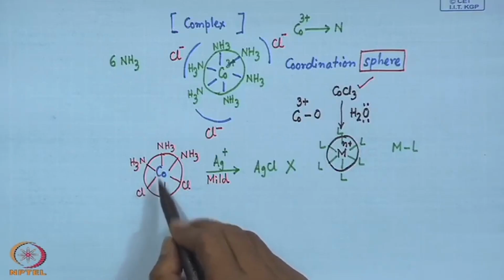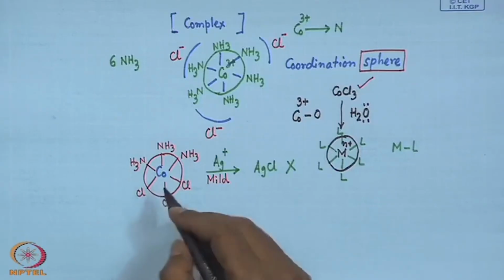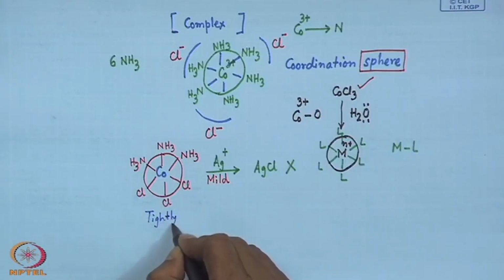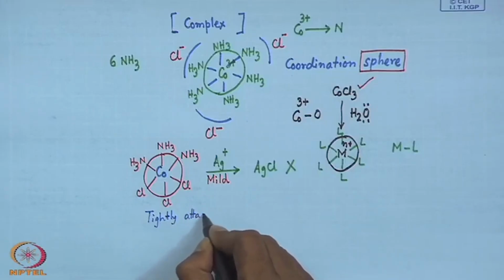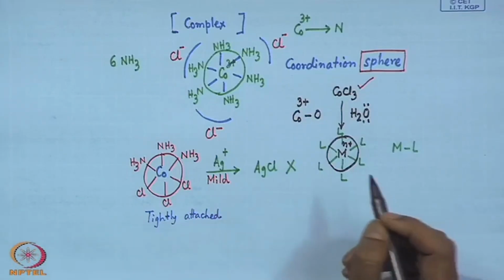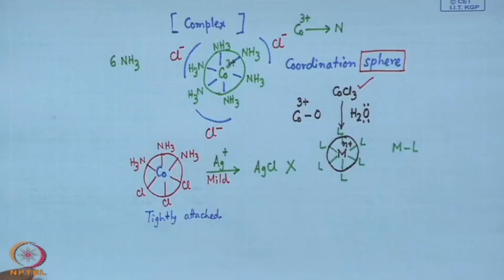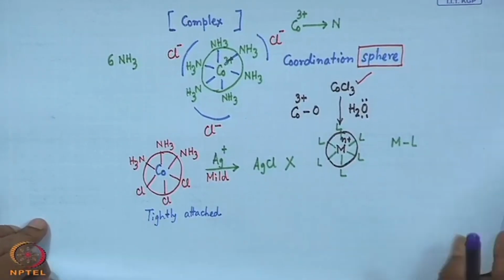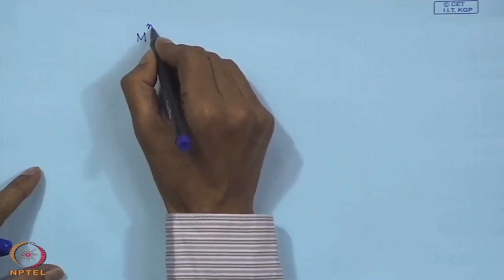That means these chloride ions are now tightly attached to the cobalt center. So this sort of observation for these compounds gives us information by which we can interpret many aspects of chemistry where the metal is present as the corresponding metal ion.